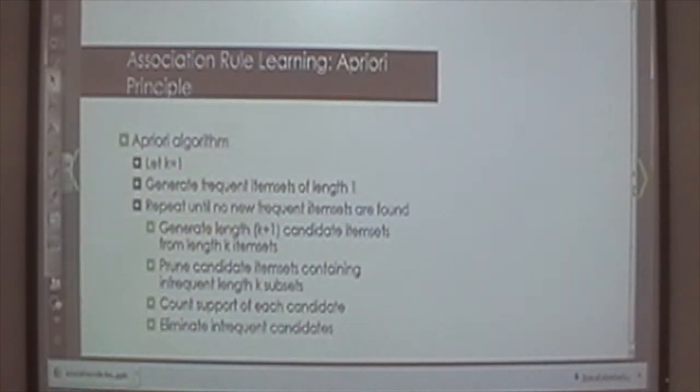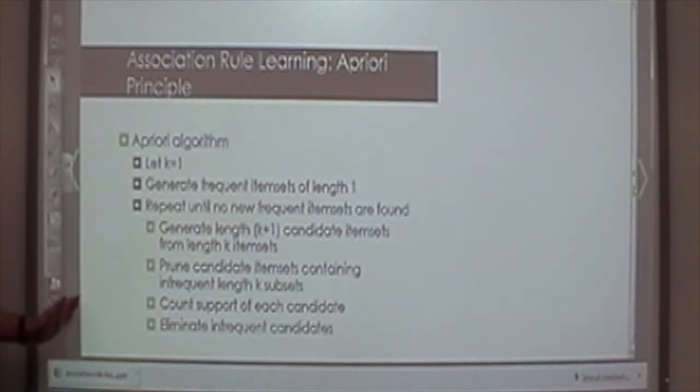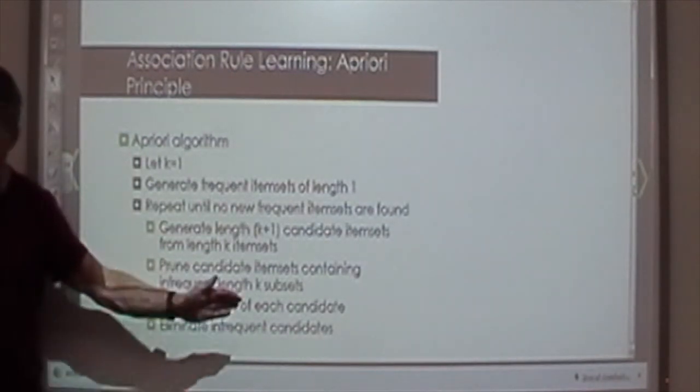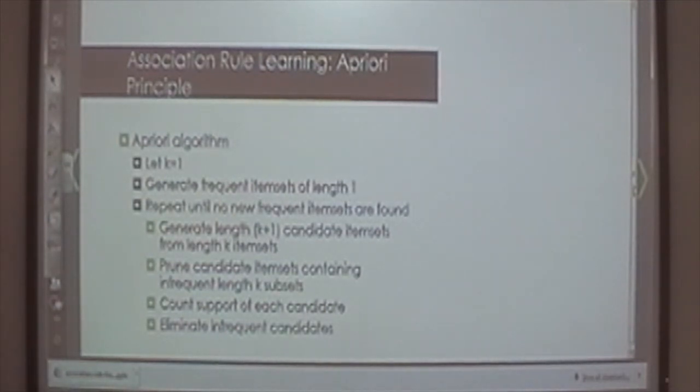So basically that's all that is happening here. You generate the next level, you prune the candidate item sets of the previous level, you count the support of each candidate, and you eliminate your infrequent candidates at each stage.